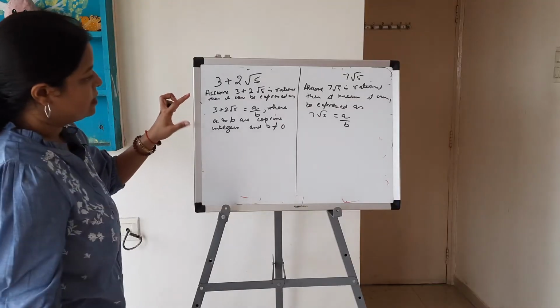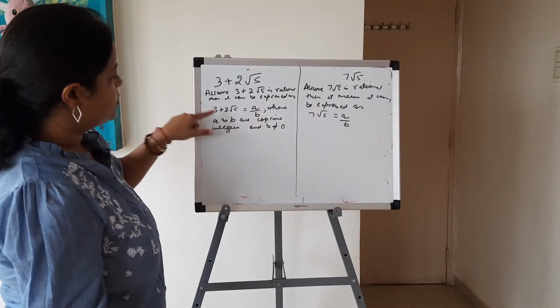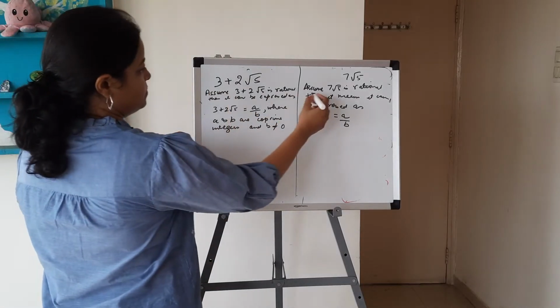What are we saying? First, we are assuming it is rational. That means it can be expressed as 3 plus 2 root 5 equal to a by b. So this is the first assumption.